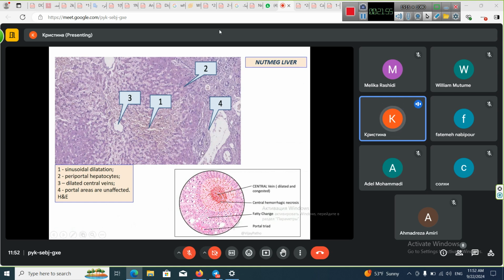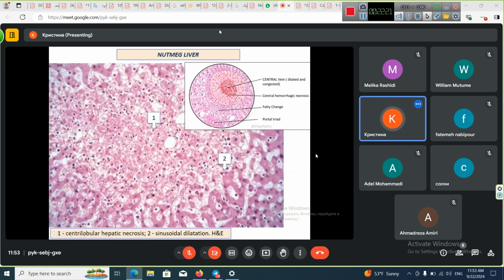It contains 3 elements: 1, 2, 3. One of them is an artery, and the blood in the lobule goes from the periportal area through the sinusoidal capillaries to the central vein. And portal areas are unaffected now.